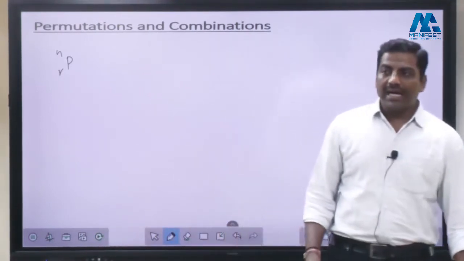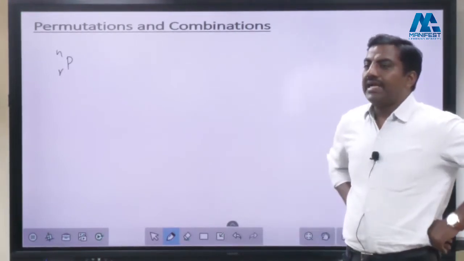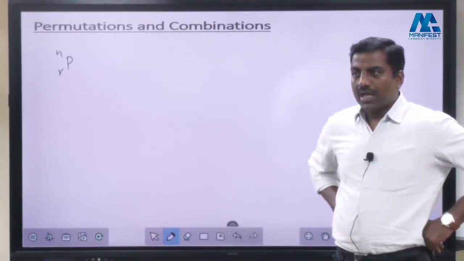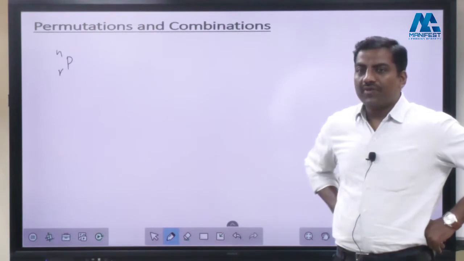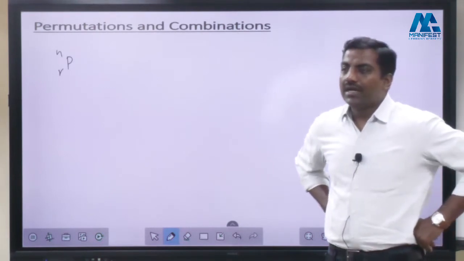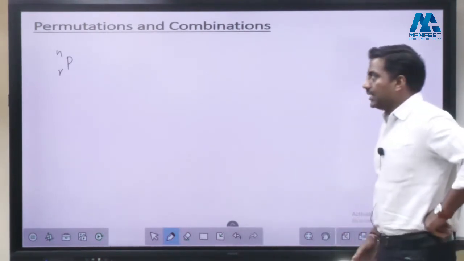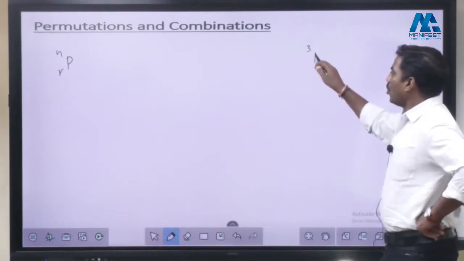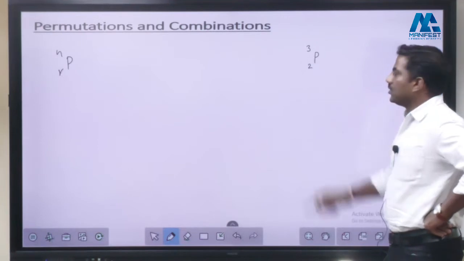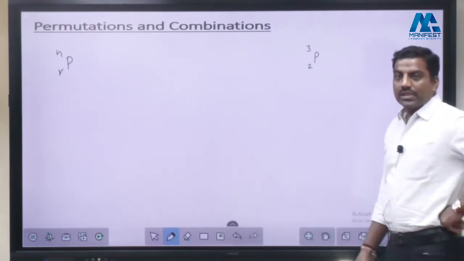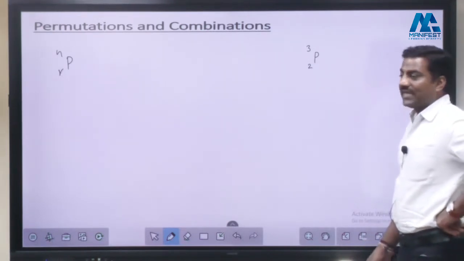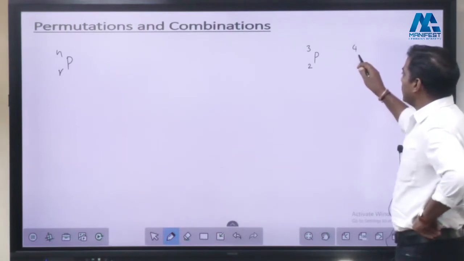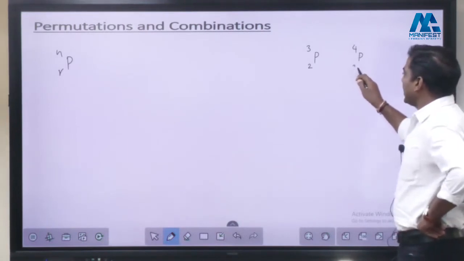When we say nPr, we are selecting and arranging R entities out of n entities. In the earlier problems, I had taken A, B, C, so there are 3 entities out of which I am selecting 2. In the next example, there were 4 entities out of which I selected 2.